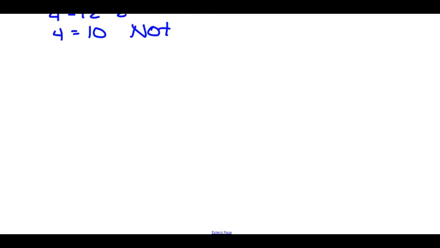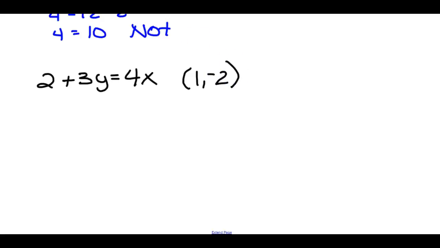So let's try 2 plus 3y equals 4x. Now let's see what happens when we put in a 1 for x, and then what can we put in for y? Let's put in a negative 2 and see what happens.